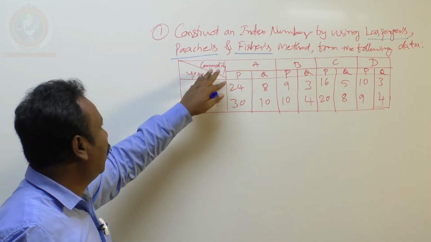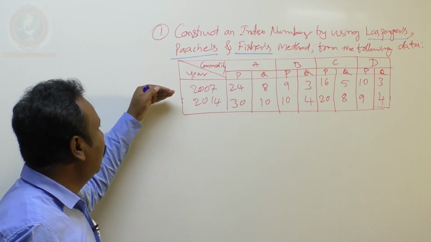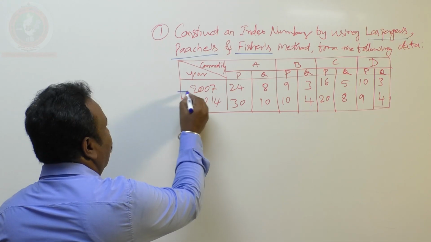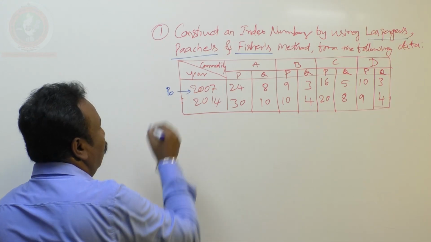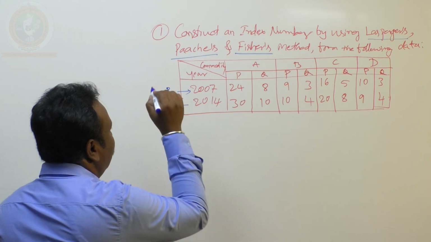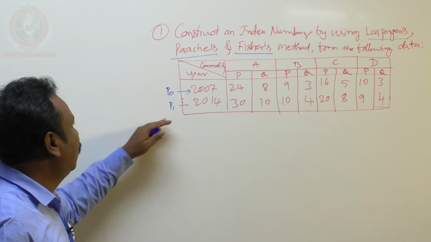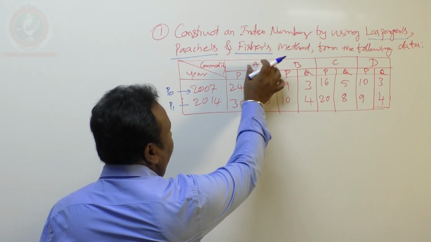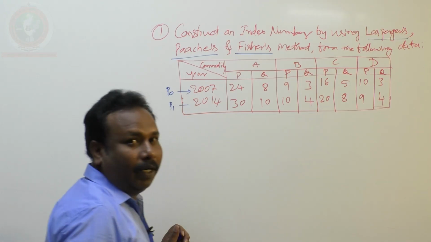What data is given? Commodity and years are given: 2007 and 2014. 2007 is considered as P0, the base year, and 2014 is considered as P1, the current year. Four commodities, A, B, C, D, are given.